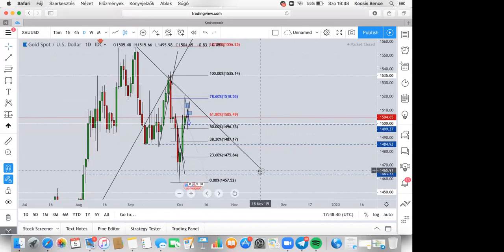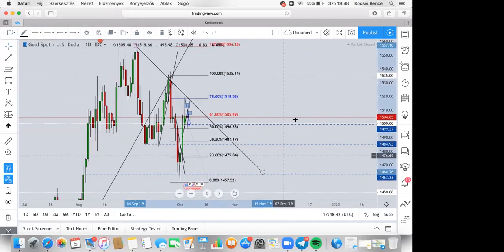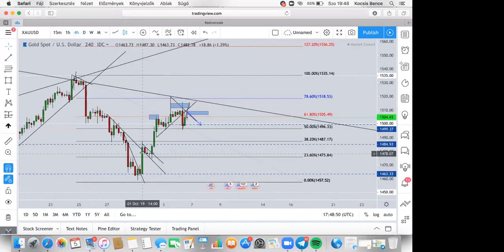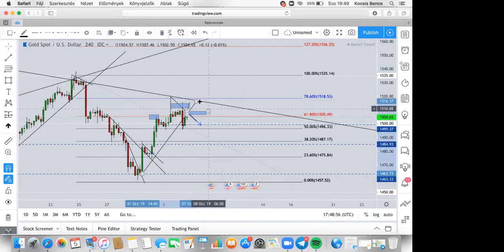Would you have taken that? No, I'm not taking it because it hasn't tapped the trend line exactly. This is the first thing. And the other one, we can find the green lights here. If I draw the trend line from the lowest point, there are no green lights, but it looks like there were green lights.